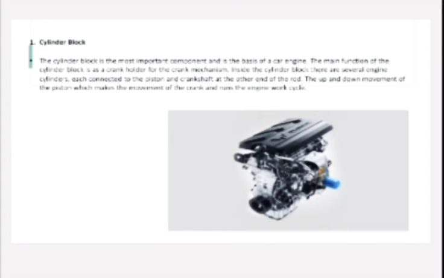Inside the cylinder block there are several engine cylinders, each connected to the piston and crankshaft at the other end of the rod. The up and down movement of the piston makes the crankshaft move and runs the engine work cycle.